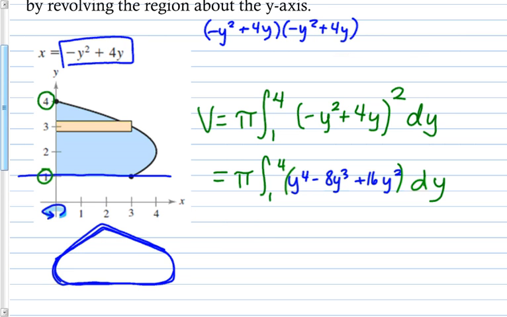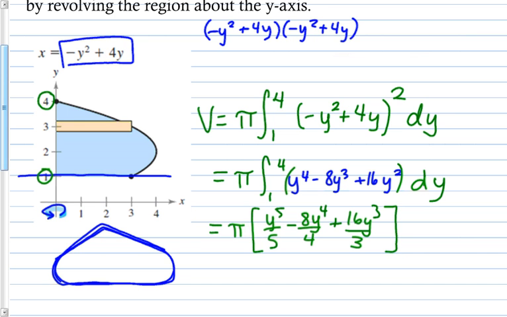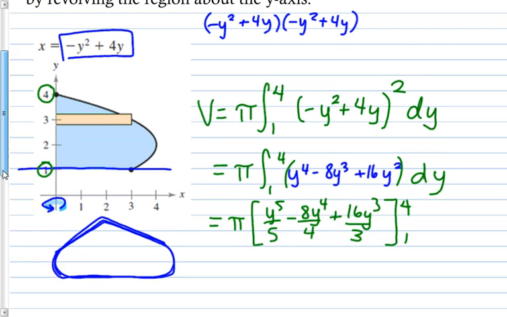So we're going to integrate that. So then I get y to the fifth divided by 5 minus 8 y to the fourth divided by 4 plus 16 y to the third divided by 3. And of course, we're going to evaluate this from 1 to 4. We're going to plug in the 4 and then plug in the 1 and subtract.